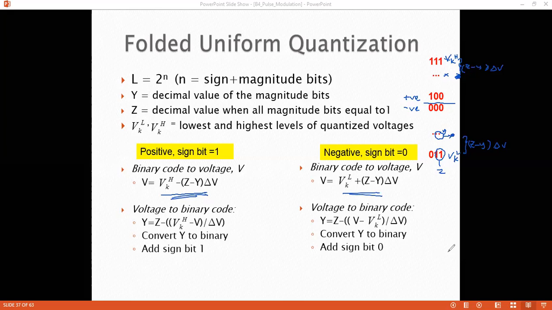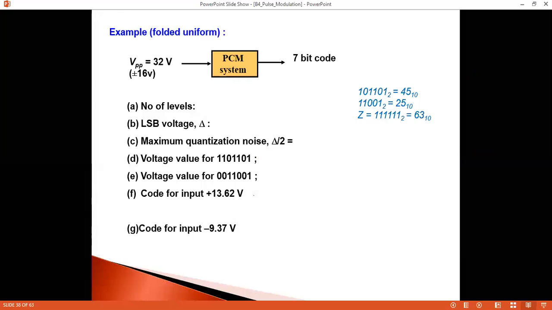Let's try an example. Actually, it's the same question as the previous non-folded one. It's just that now, instead of solving using non-folded, we solve using folded. The number of levels should be similar whether it's non-folded or folded, because the number of levels is 2 to the power of n.